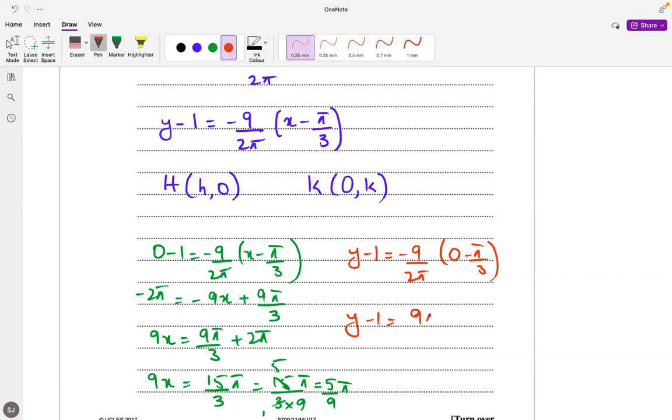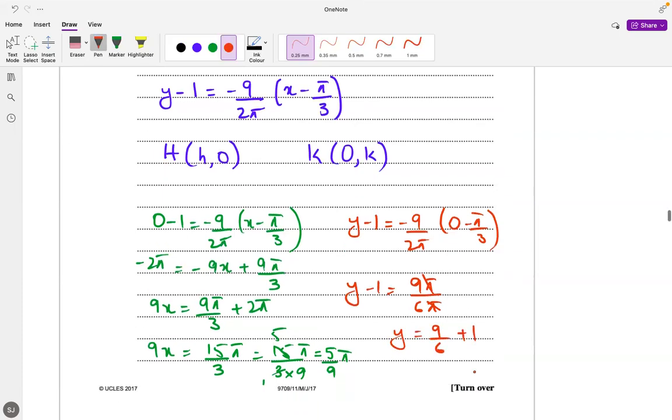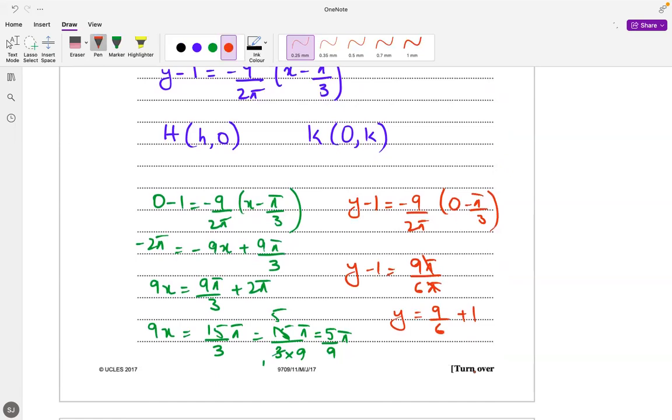That will be positive 9 pi upon 6 pi. Pi and pi will cancel. So y will equal 9 upon 6 plus 1, and the value of y will be 9 plus 6 upon 6, which will be 15 upon 6, which is 5 upon 2. So this is the value of k, and this was the value of h that we had to prove.